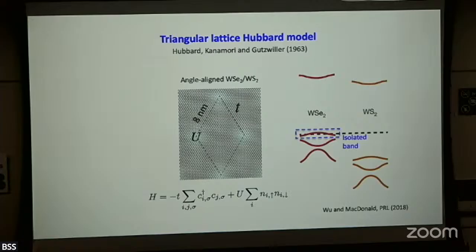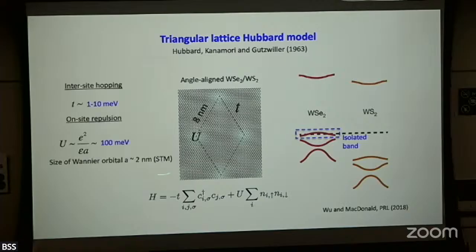And then you have on-site Coulomb interaction. And this, of course, is an approximation. For this system, the moiré period is on the order of 1 to 10 nanometers, depending on twist angle. If you make the lattice smaller, then your t is going to be bigger.